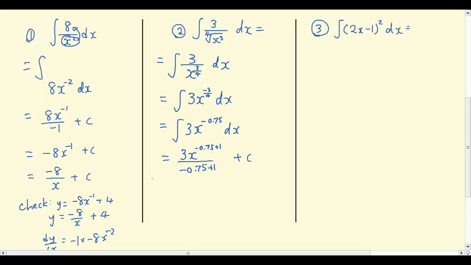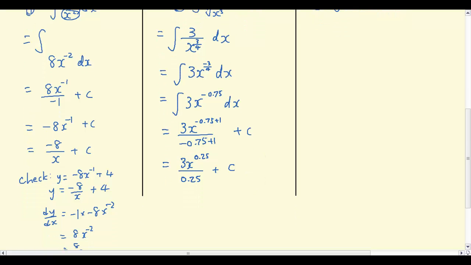Okay, the next thing you want to do is make sure that you simplify it. So this becomes 3x to the power of 1 minus 0.75, which is 0.25, over 0.25 plus c.